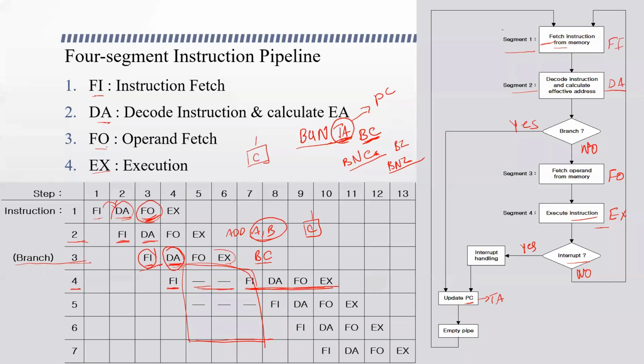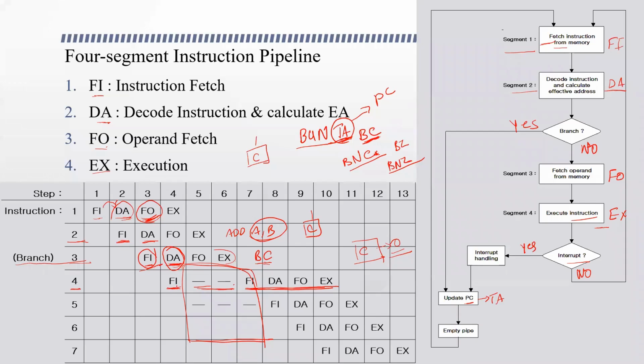Okay, so after this execution, if the condition is false, then this fourth instruction needs to be executed. If the instruction used is BC, branch if carry, and let's say the carry flag is 0, so it is not true. In this case, branching will not take place, and the fourth instruction will need to be executed. It is already fetched during the decode of this third instruction.